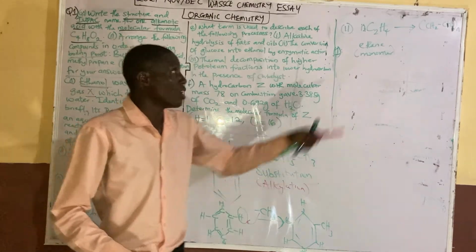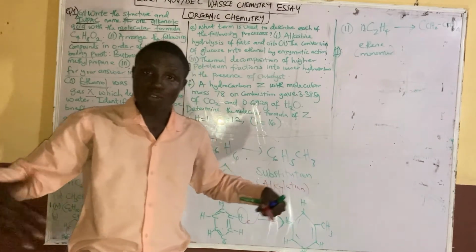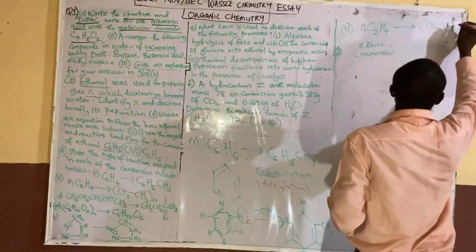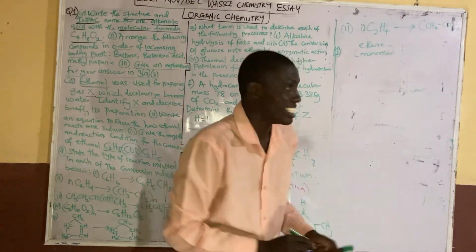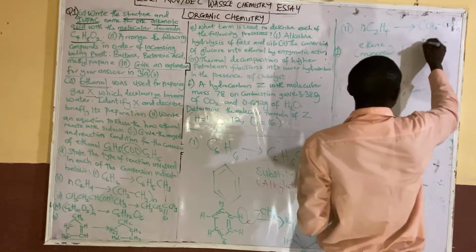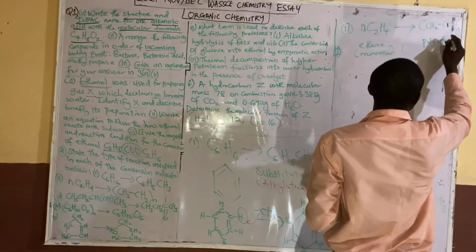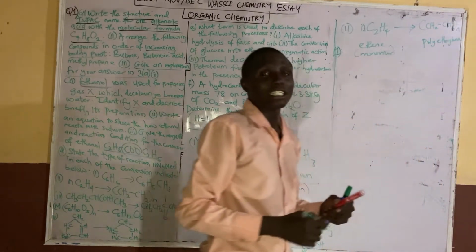So what is taking place here is polymerization, the process by which monomers come together to form giant molecules. You can see they are forming giant molecules. They will be connecting with each other and they will form polyethylene. This is ethene and this is called polyethylene. That's where the word polyethylene comes from. That's what the polyethylene bag comes from.